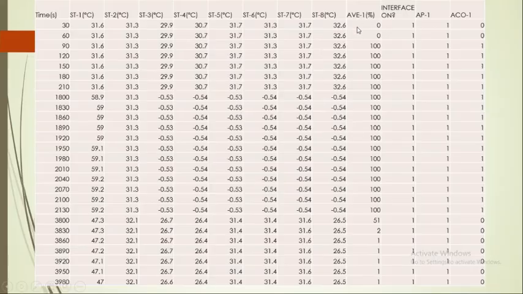Then AV1 is the fan speed, which we ran most of the time at 100% rpm. AP1 is the pressure switch, completely on throughout the process. This is the compressor which we ran during our process and turned off after a certain time period. You can see the temperature regained its initial position.